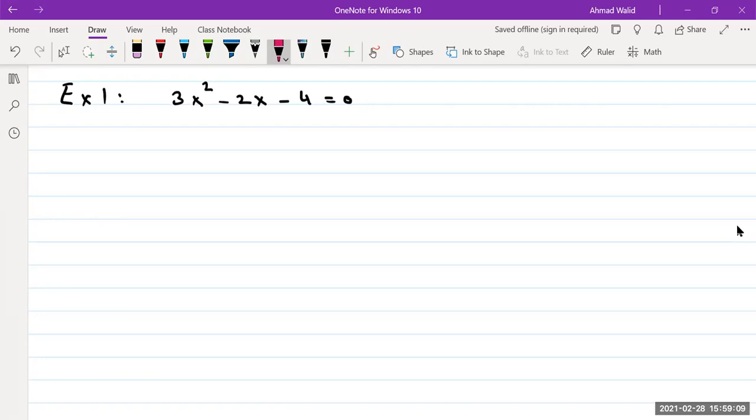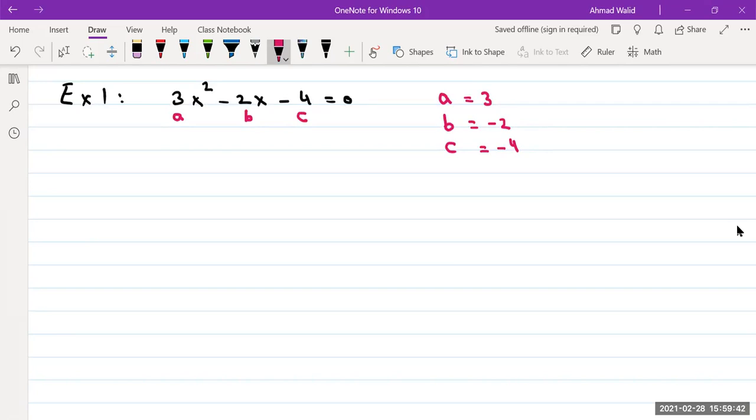That is the main and important part. How much is a? a means the coefficient of x squared. a is 3. How much is b? b is the coefficient of x, which is -2. How much is c? c is your constant term, which is -4. This is your a, this is your b, and this is your c.